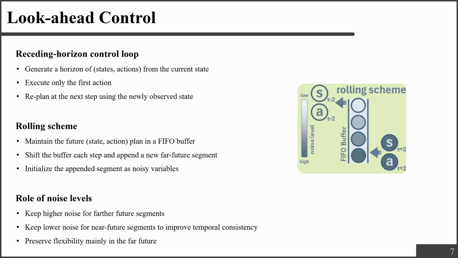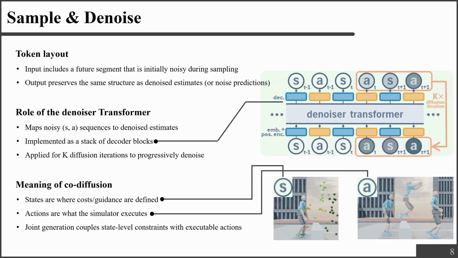When presenting, the slide focuses on what is being generated and how the denoising network is structured. Tokens are arranged by interleaving states and actions along time. A state token followed by the corresponding action token.